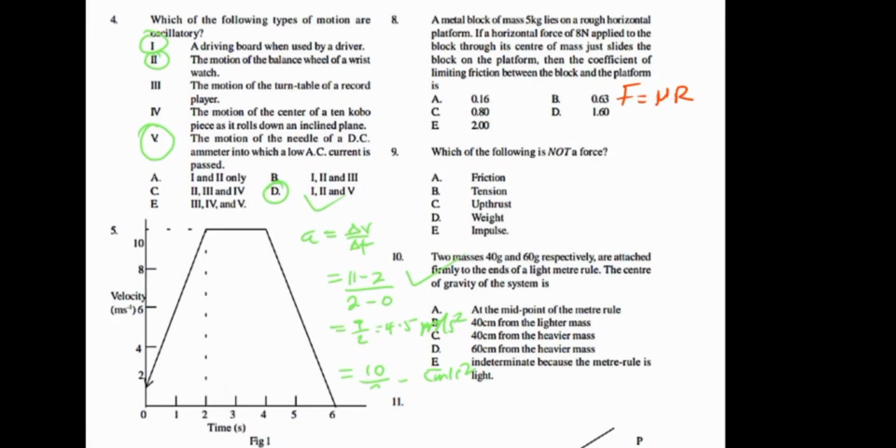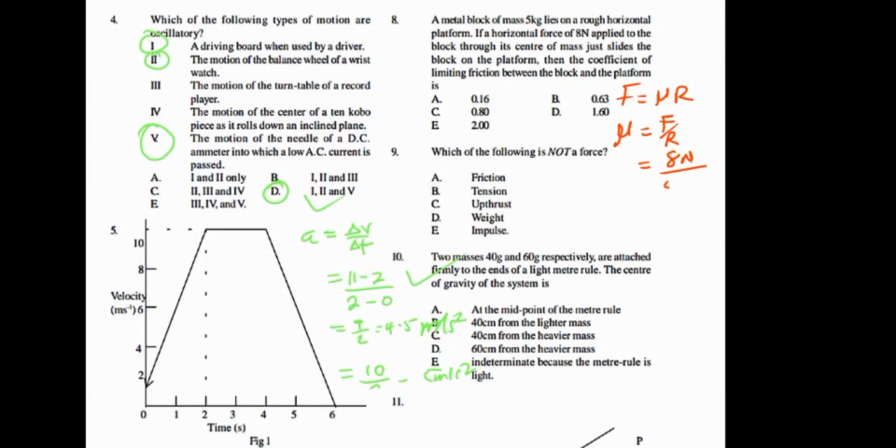The simplest way to find the center of gravity is done this way. Center of gravity X is going to be 60 times 100, which is the total length of the meter rule, divided by 40 plus 60, which are the two masses that are given, right? Now this is going to give you 6,000 divided by 100, and that's going to give you what?